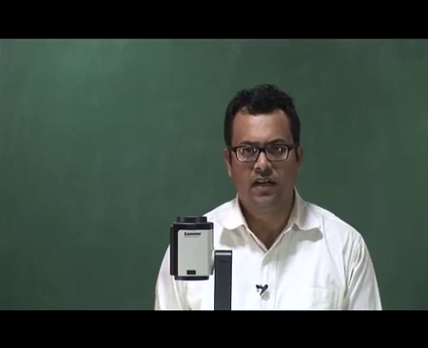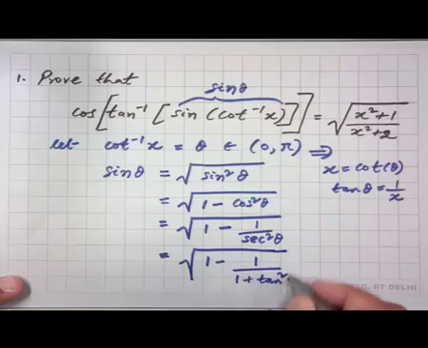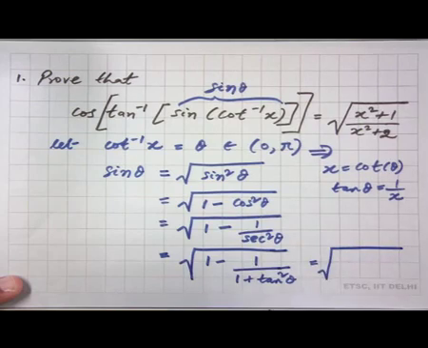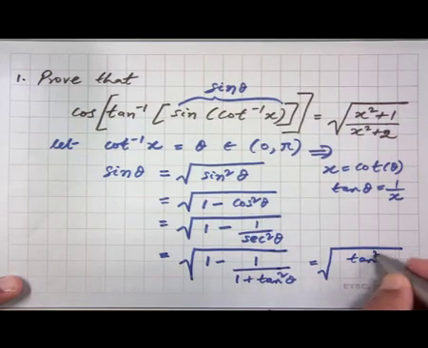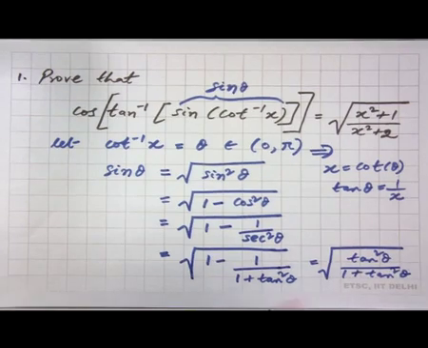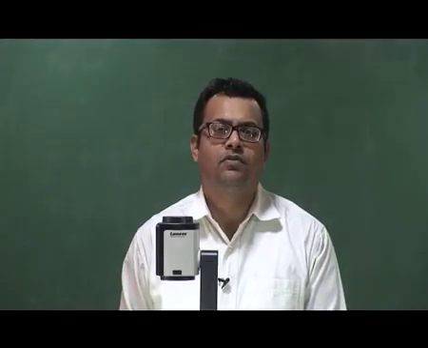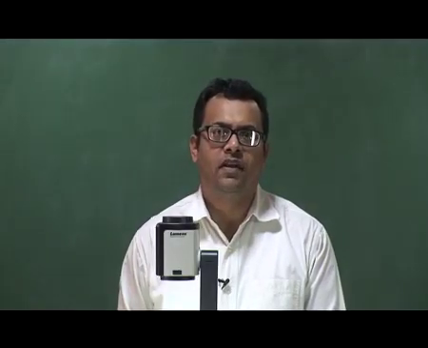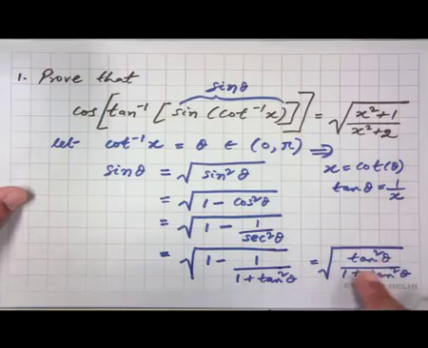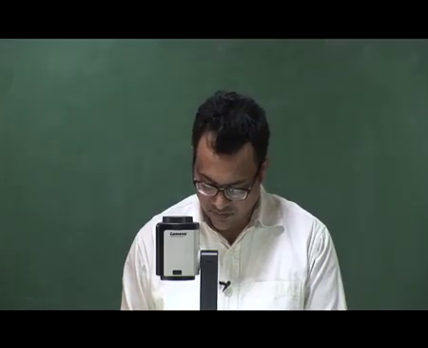So, we are going to use that identity over here, which can be further simplified to square root of tan square theta over 1 plus tan square theta. And then in this expression, we plan to use this value of tan theta, which is 1 over x. So, we replace tan theta by 1 over x everywhere in this expression here.